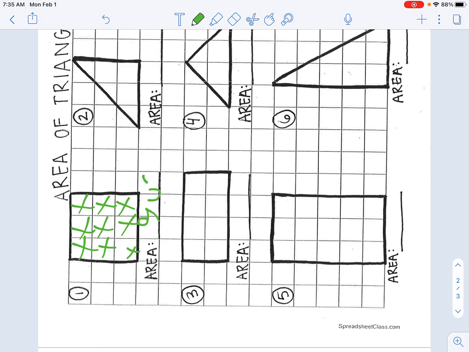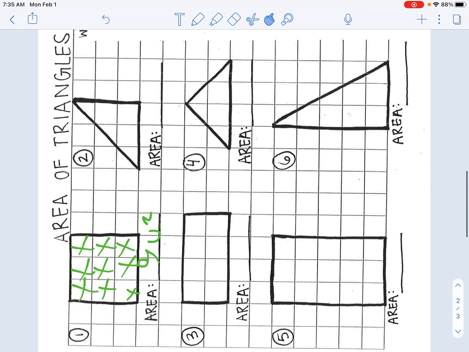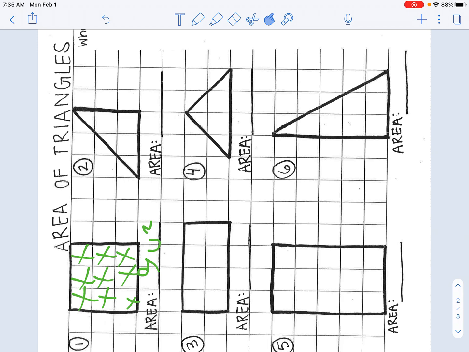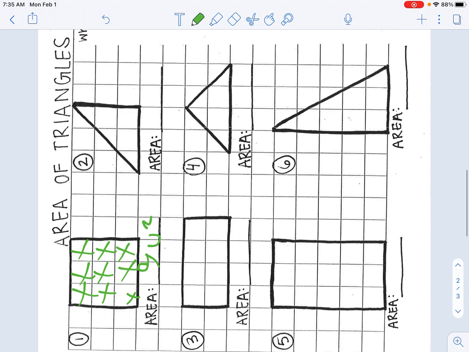So that would be 9 units squared. Now take a look at this one. I've got 1, 2, 3 whole squares. We did this last week with our parallelograms. 3.5, 4, 4.5. 4.5 units squared.